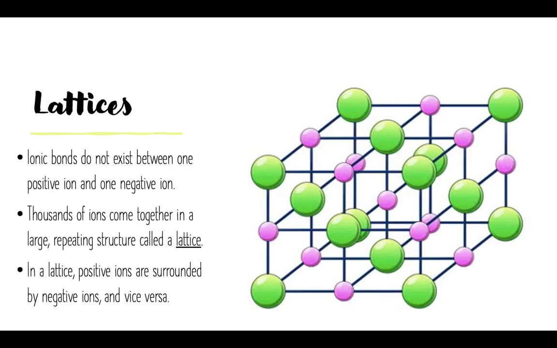Ionic bonds form lattice structures. Lattices are formed by ionic structures, and in lattices, positive ions are surrounded by negative ions, and negative ions are surrounded by positive ions.